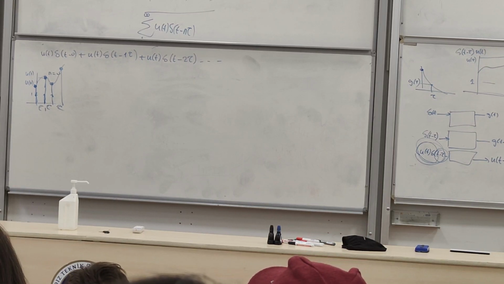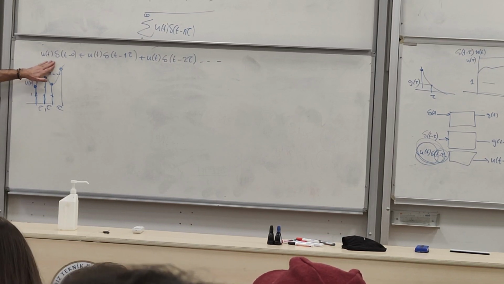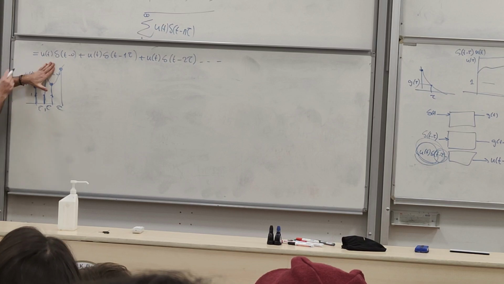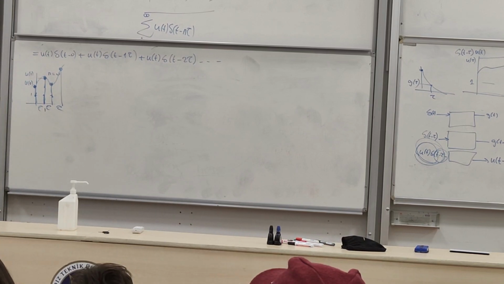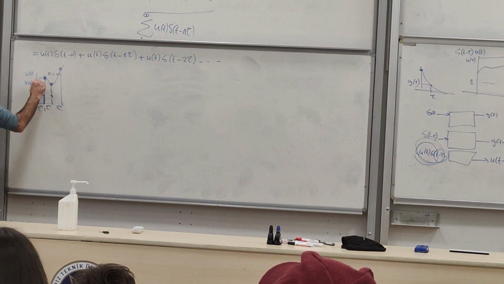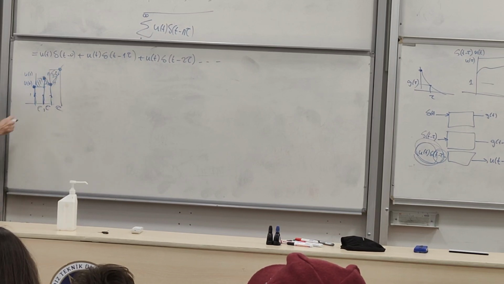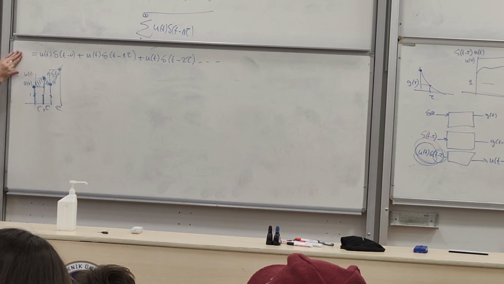Follow that? Good. So this is going to give me a rough approximation of the input. I'm going to have this much error, that much error. It's going to be a rough approximation of u of t.